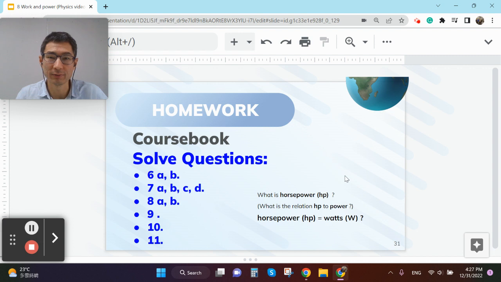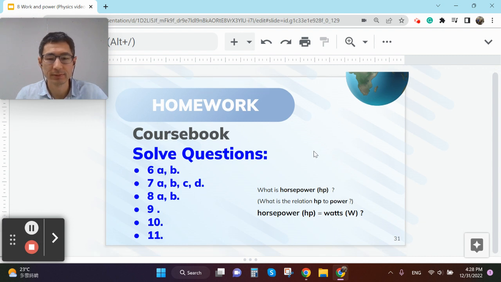How many horsepower equals how many watts? And please solve this question in your course book. I don't remember the page, but it is there. The numbers are there, so you can find it through the numbers.